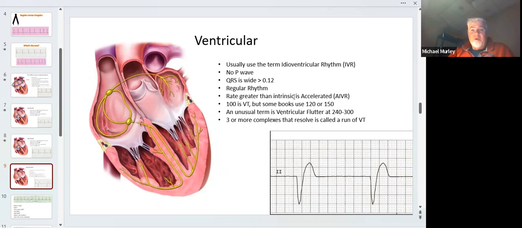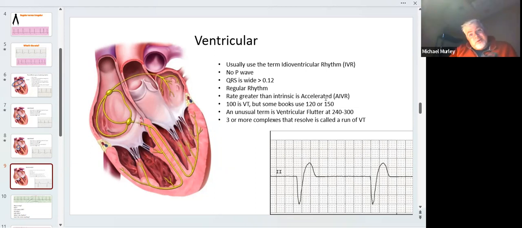Once they get above their intrinsic rate of 20, we would call it accelerated idioventricular rhythm, or AIVR.